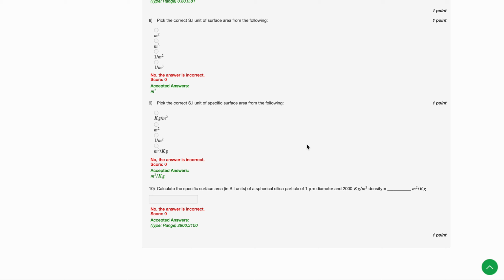So it is 6 into 10 raised to 6 divided by 2000, which gives 3000 meter square per kg.